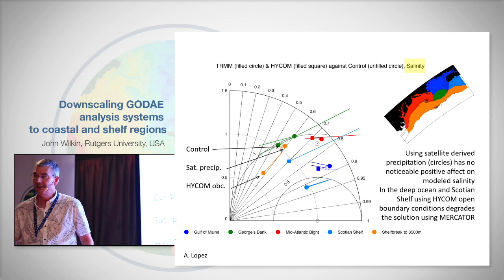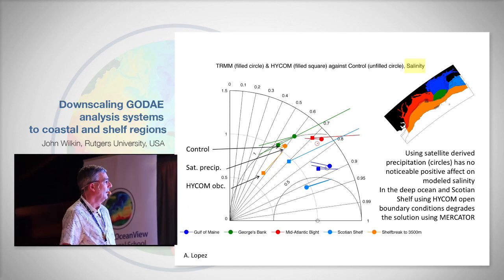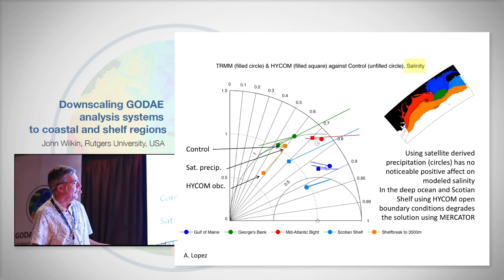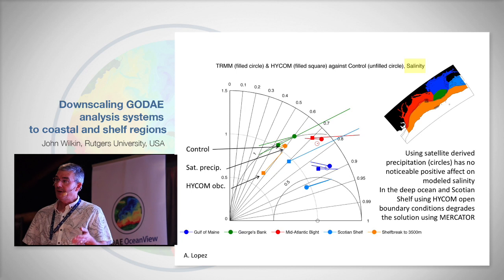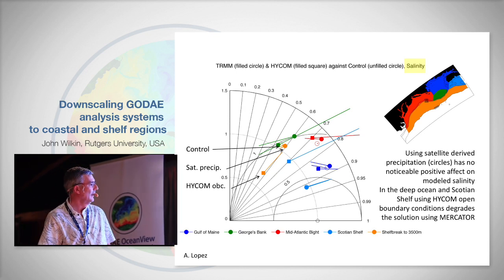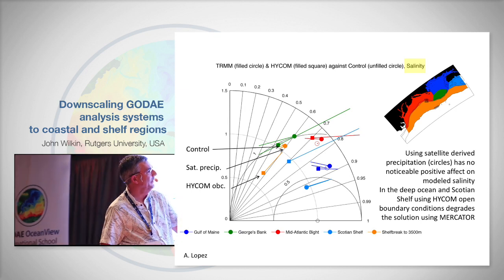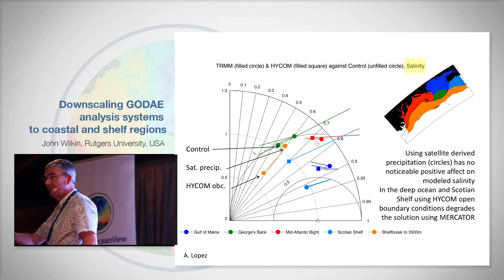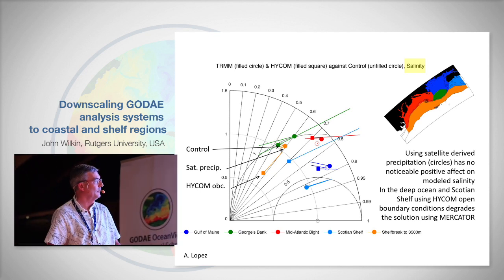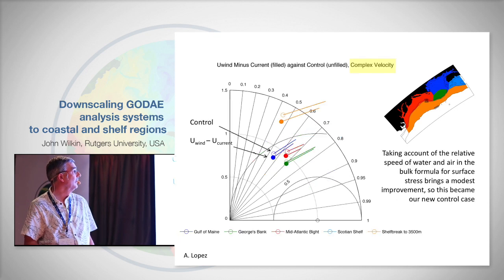So we left our control cases using the NAM weather forecast precipitation. We also ran a case taking boundary conditions from global HYCOM, making the same bias correction that we did for Mercator. And for some areas, like the outer shelf and the orange square here, that actually degraded the forward free-running model skill. So we stayed with our Mercator boundary solution.